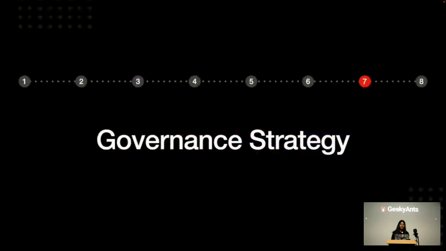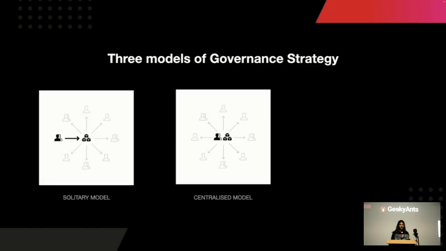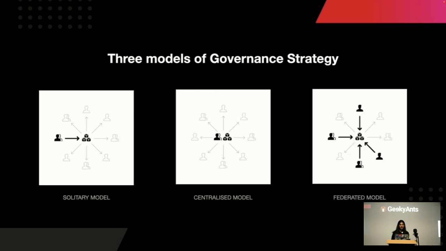Next is, after building a system, we have to define the governance of it. There are 3 models of governance strategy: solitary, centralized, and federated. Solitary is basically one person decides and approves all the design decisions and the team follows that. Centralized model is where a team decides all that and everyone except them, like other teams, follow that.